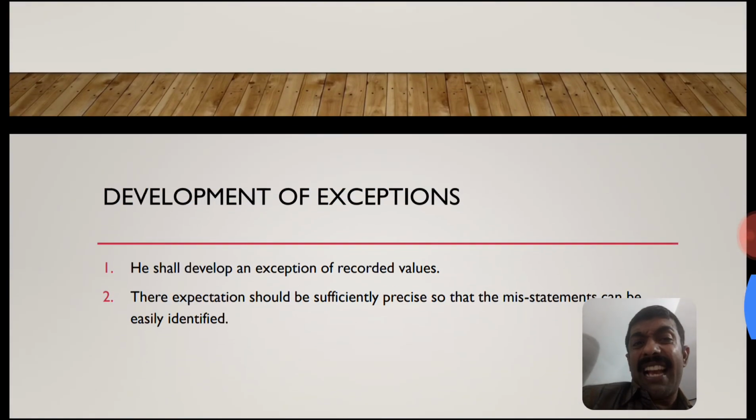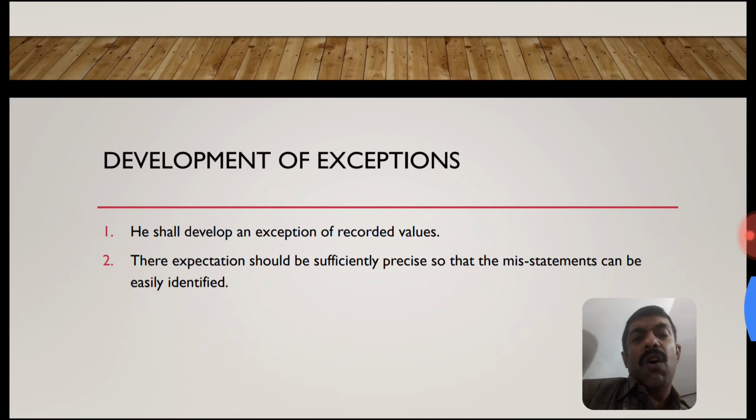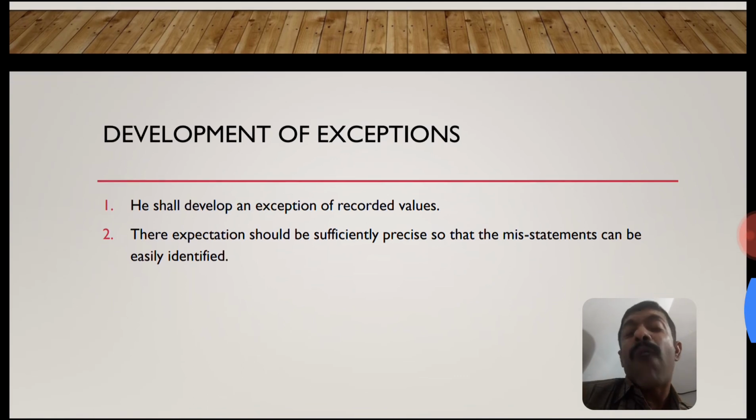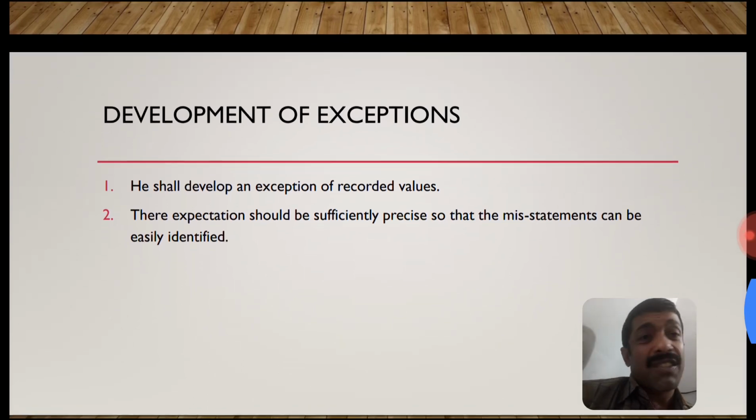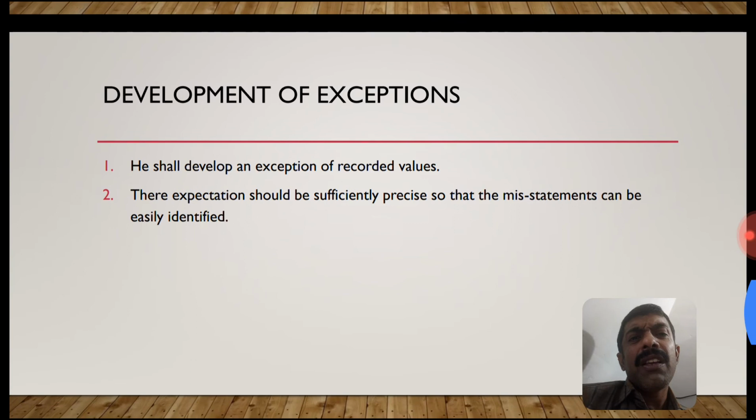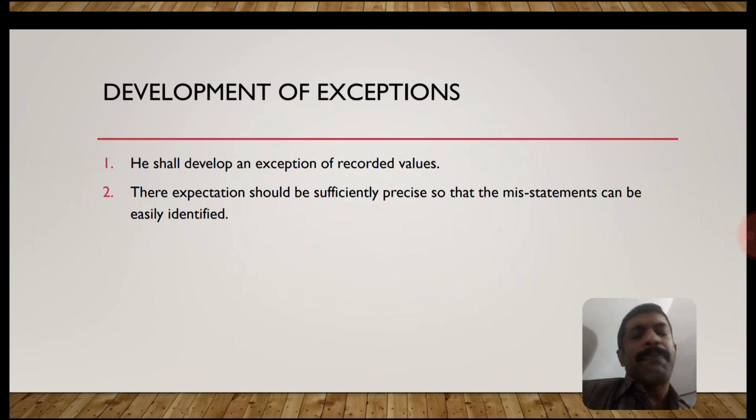Development of exceptions. The main purpose of conducting such substantive analytical procedure is to find out unusual fluctuations called exceptions. The auditor should develop an exception report, exceptions from the normal practice. The exceptions should be sufficient and precise so that misstatement can be easily identified.